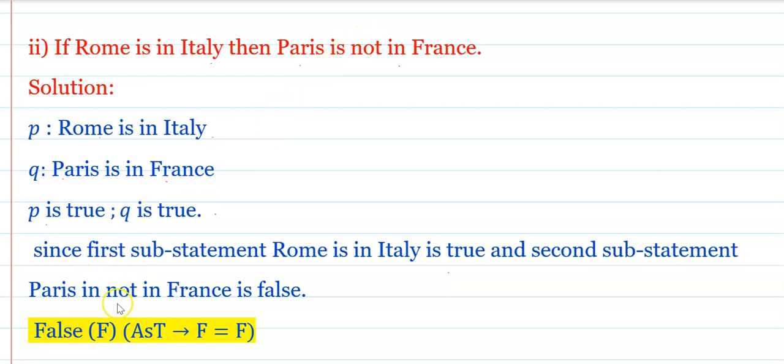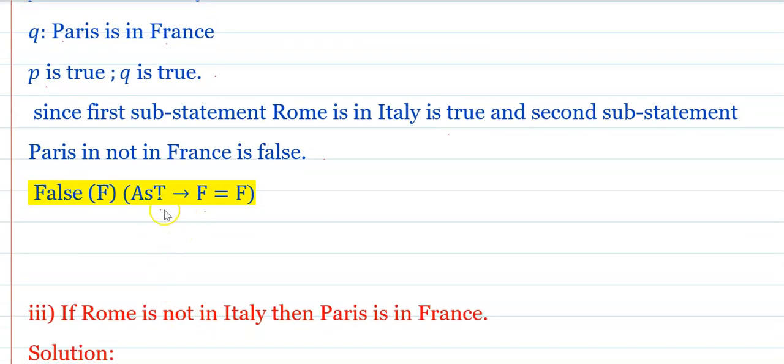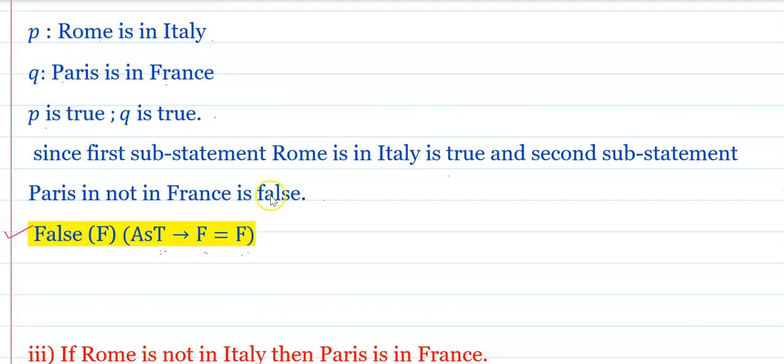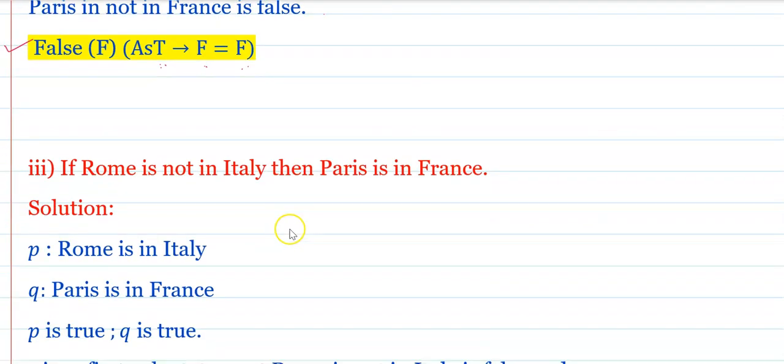What is that? Paris is not in France is false. And therefore, what you will get? That is T implies F. T implies F is F. How do we remember? What implies? F implies. Therefore, the truth value of that statement is false. Okay. Here I can write this, T implies F. Therefore, it is F.